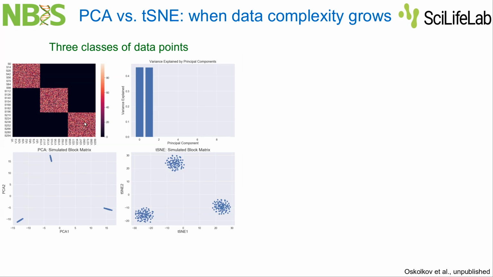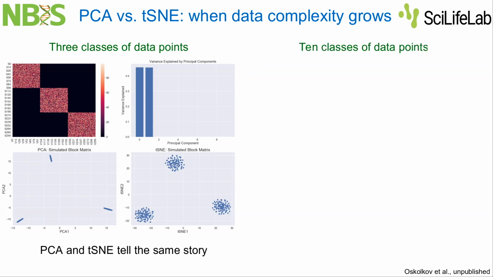So I simulate 3 well-defined populations, and if I do a PCA or TSNE on this simulated data matrix, then both of them tell me the same story. Basically, I see the 3 clusters, 3 populations, the ground truth that I simulated.